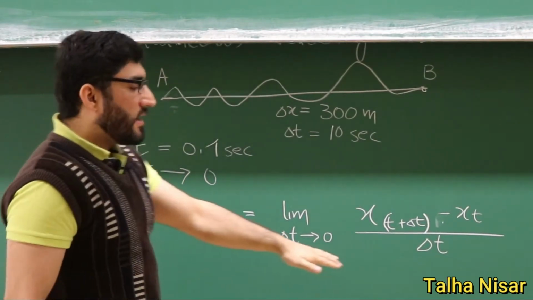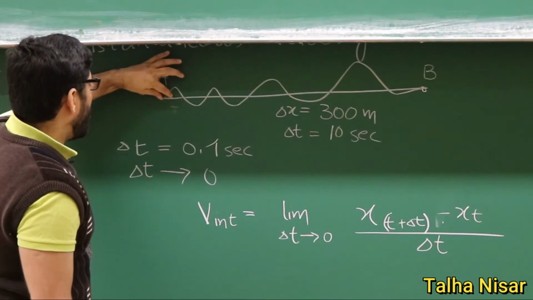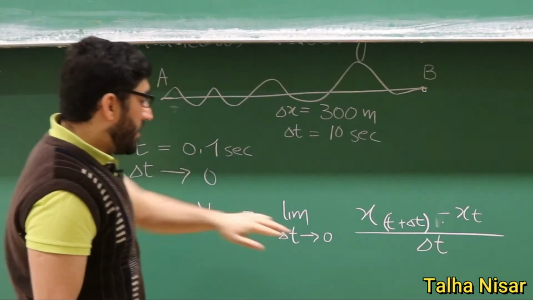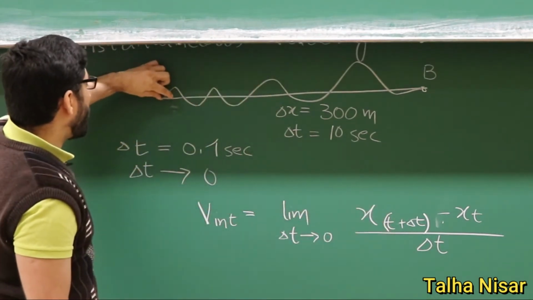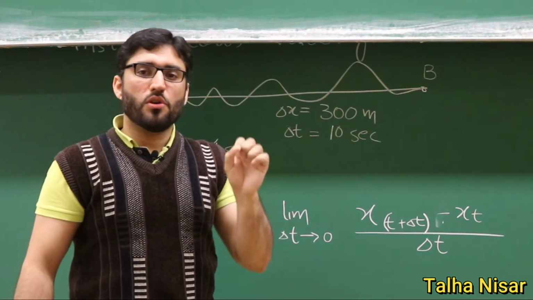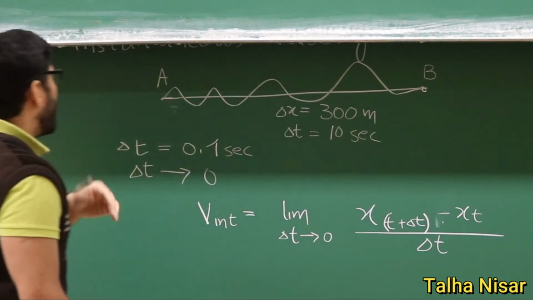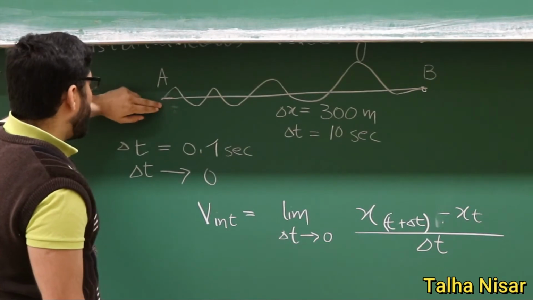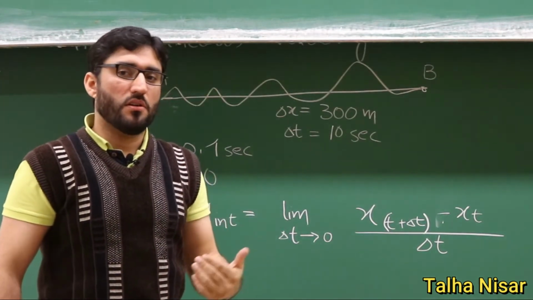So this equation now means that if we take a small portion of this path, for example, if we take a smaller time, it means we are taking a small portion. If it's approaching 0, it means we take an extremely small portion of the time that it takes to cover a distance. And since the time is smaller, the distance that the object will cover will also be small.